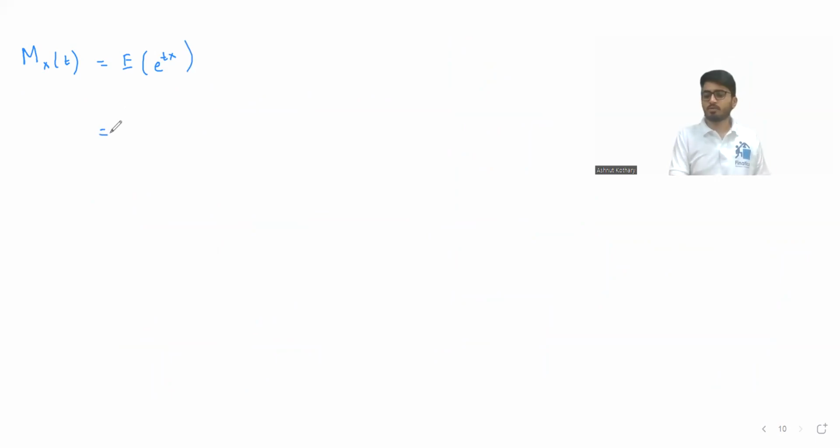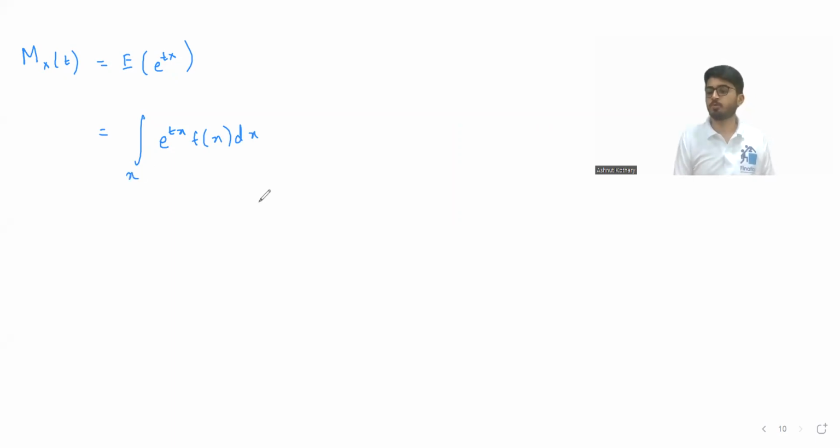Note that you can take the random variable to be either discrete or continuous for derivation purposes. I am taking it to be continuous and showing the derivation accordingly. So MX(t) will be the integral of e to the power tx f(x) dx, over whatever the limits be.